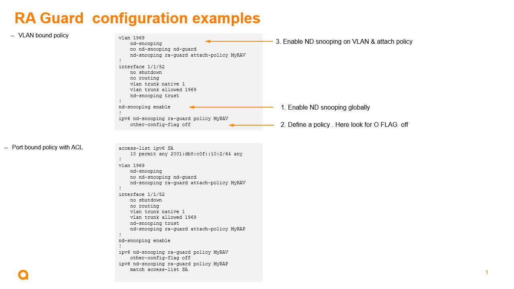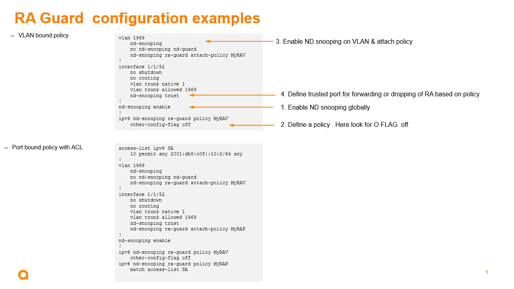The third step is to enable ND snooping on the VLAN context and then attach the policy that you created earlier. And finally, you must ensure that you define a trusted port for forwarding or dropping RAs based on that policy.